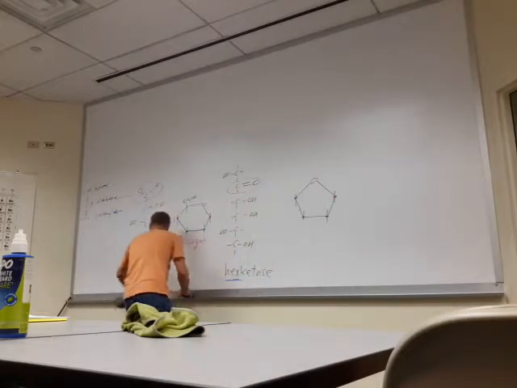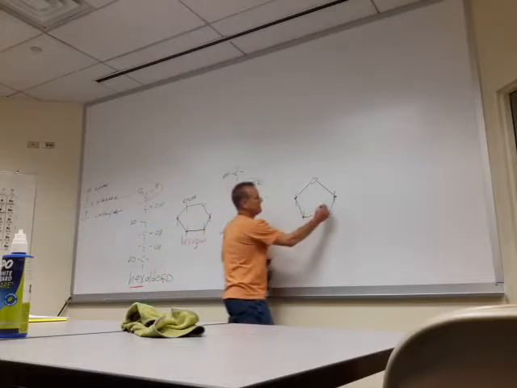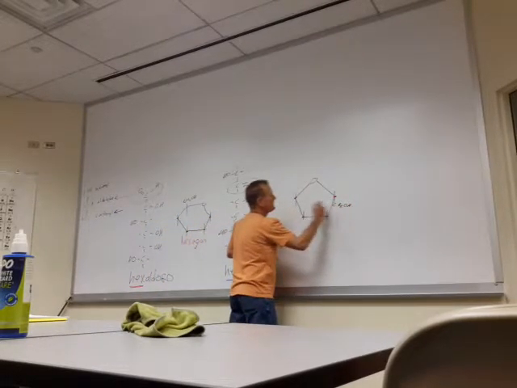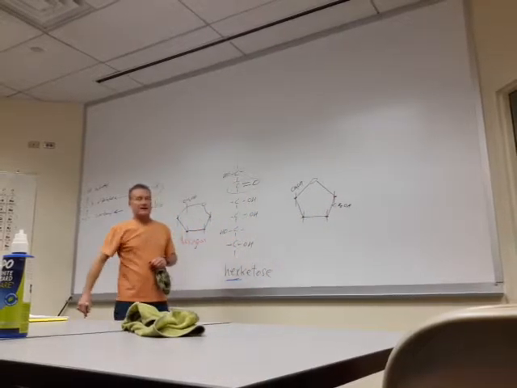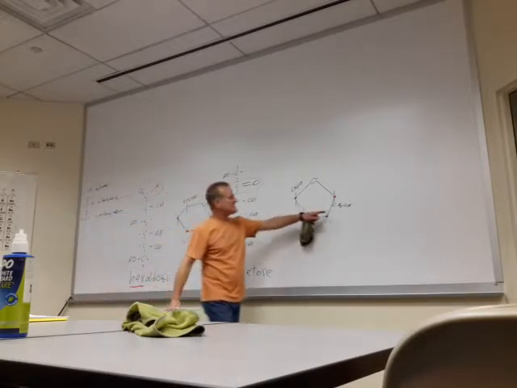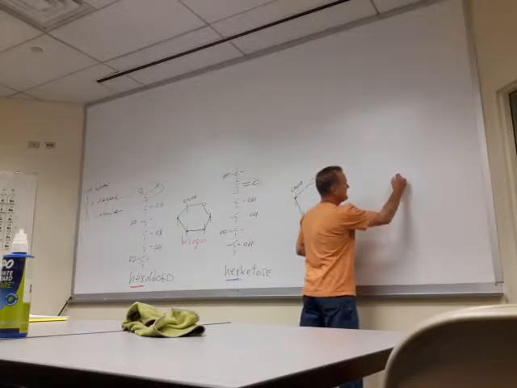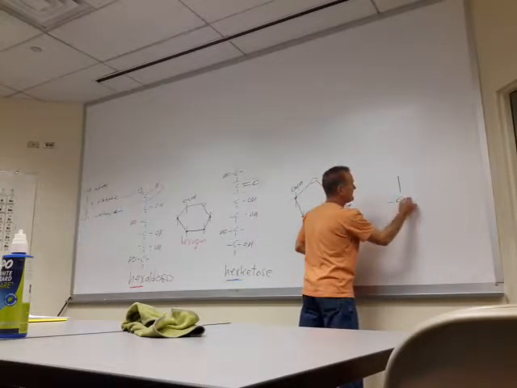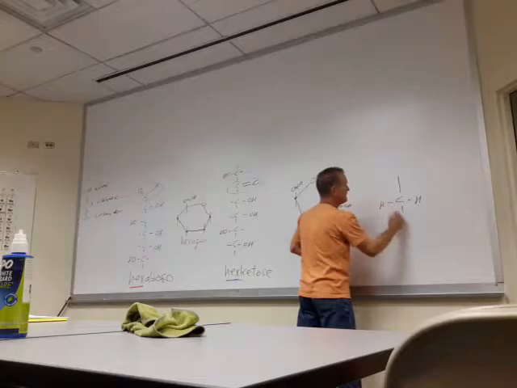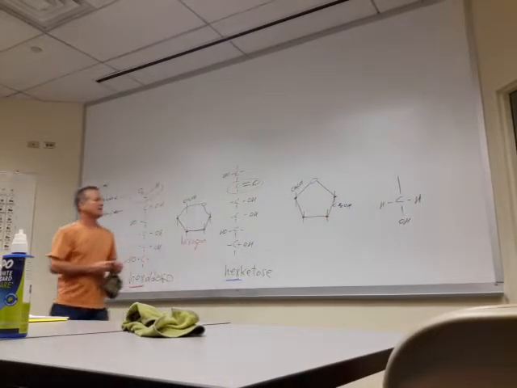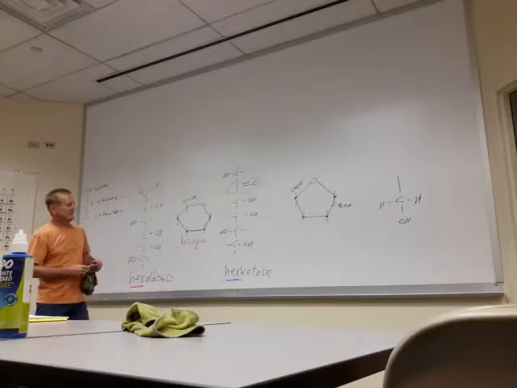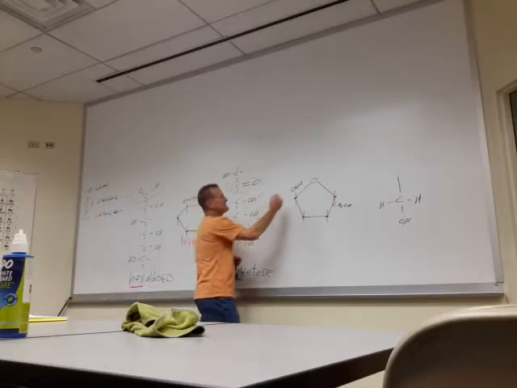So that means I must have 2 that are not in the ring. So I've got a CH2OH in 2 places. In other words, what the CH2OH is, it's like that. Just condense it and call it CH2OH. So I still have 6 carbons.